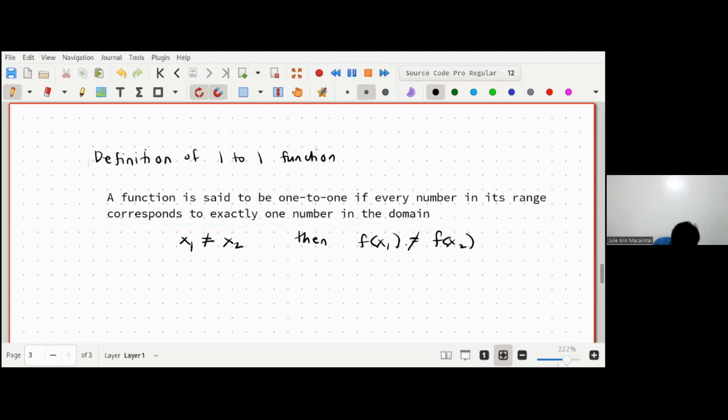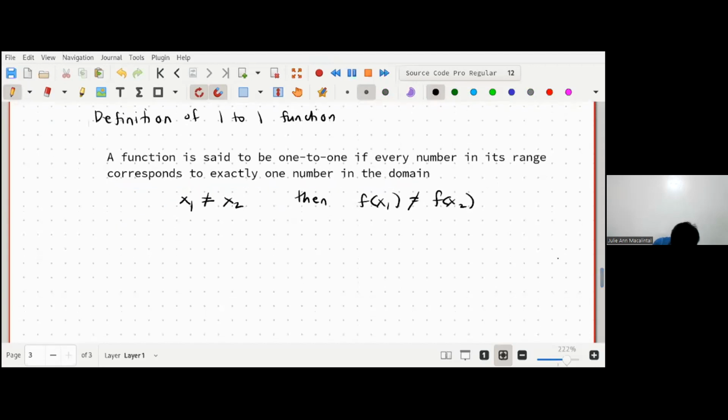Example, first, let's give an example. Yung function na y equals x squared. If we graph this, di ba, quadratic yan eh.